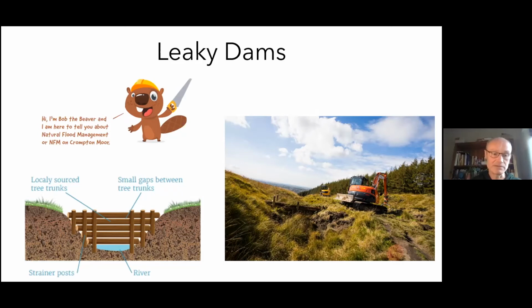These leaky dams are effectively doing the same job as beavers, although we wouldn't find beavers in this upland area, but they are creating a system where we can slow that water down to reduce the peak flow in the river downstream, where we have communities that have been at risk of flooding in the past. So it's a really important form of natural flood management.